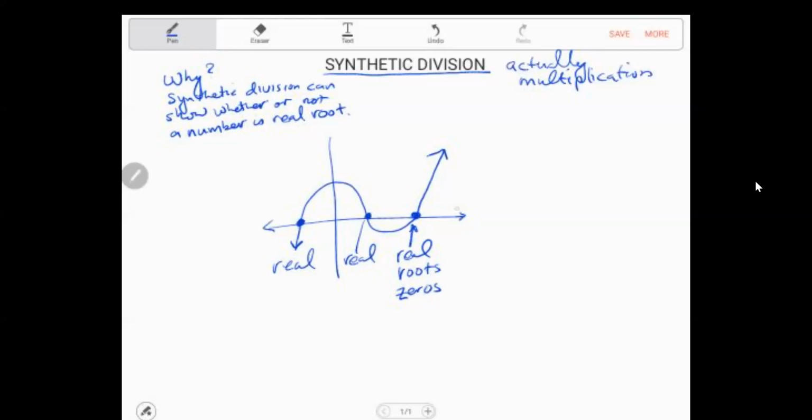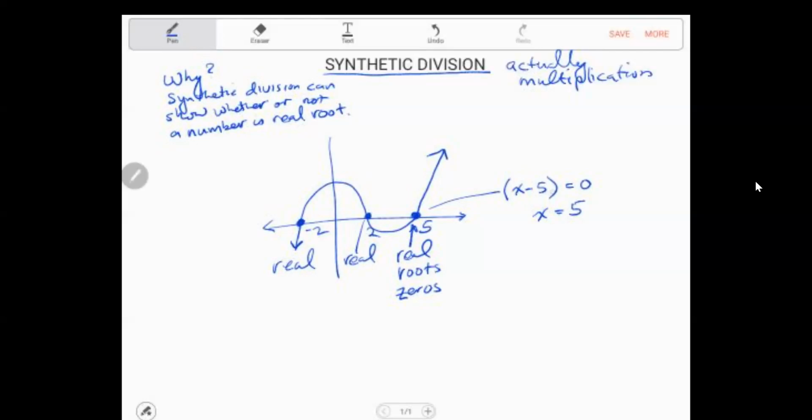If this was 5 here, and this was 2, and this was -2, our factor here would be x minus 5, and so x minus 5 equals 0, which means that our root, or zero, is actually 5.